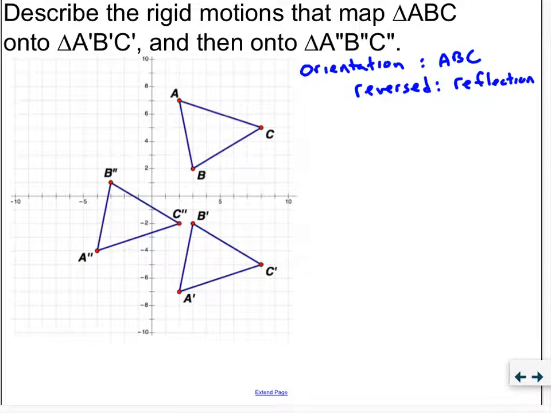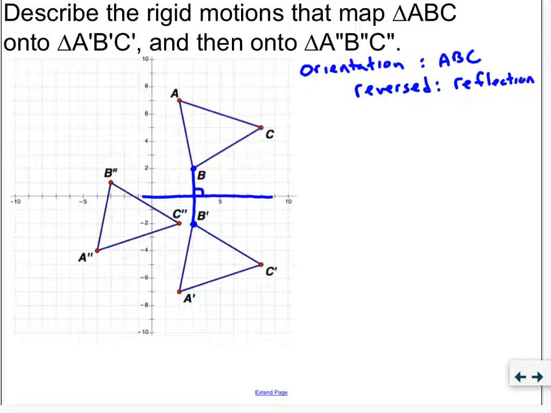So when I'm looking at this one here, I'm thinking, well, how do I map point A down to point A prime? And how do I map B to B prime? Do you remember that we talked a couple days ago that if you create a segment between a vertex and its image after a reflection, the line of reflection is the perpendicular bisector of that segment?